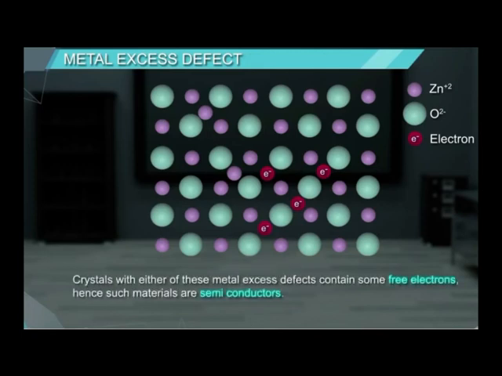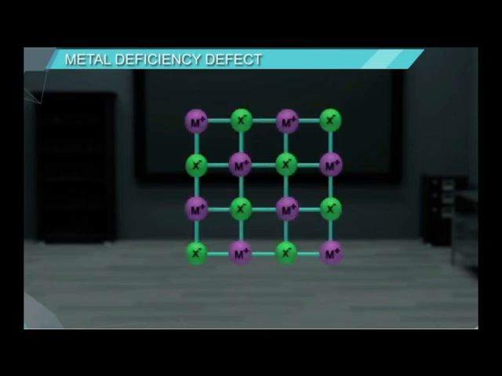Crystals with either of these metal excess defects contain some free electrons. Hence, such materials are semiconductors. Metal deficiency defect. This kind of defect is created when a metal ion goes missing from its original lattice site.